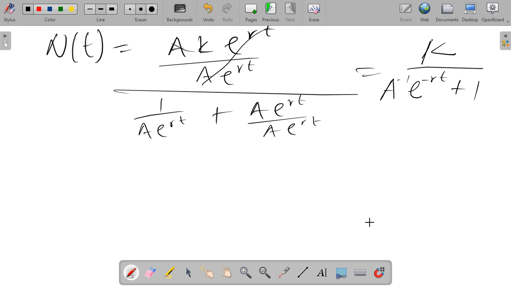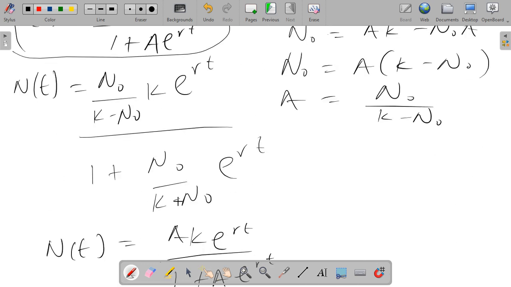So I'm having that my N of T is equal to K over my A. Remember what I got my A to be. My A is this. So if my A is this, therefore A minus 1 will be to turn this upside down, which is K minus N naught over N naught. So let me now put it there.